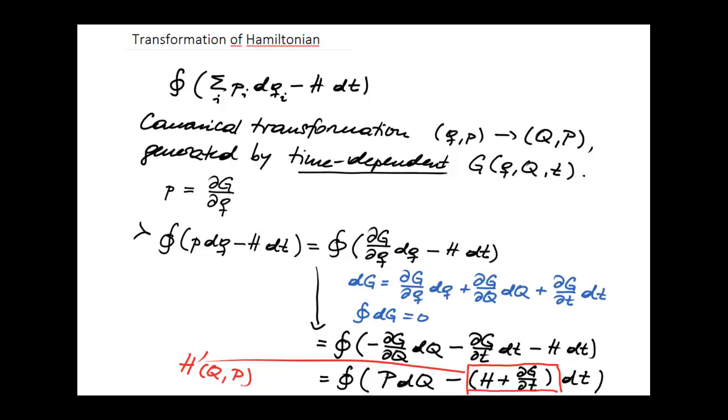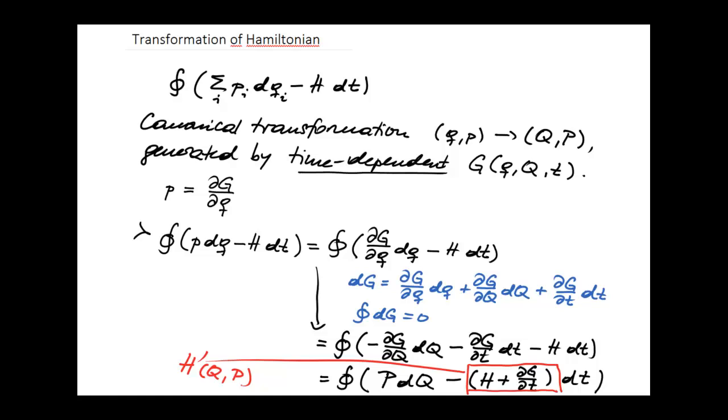We showed that the Hamilton equations of motion lead to this Poincare-Cartan invariant. You can also show the reverse. You can say when you have some evolution and there is a Poincare-Cartan invariant, then this means that the evolution is governed by Hamilton equations of motion, where the Hamilton function is the function in front of the dt.